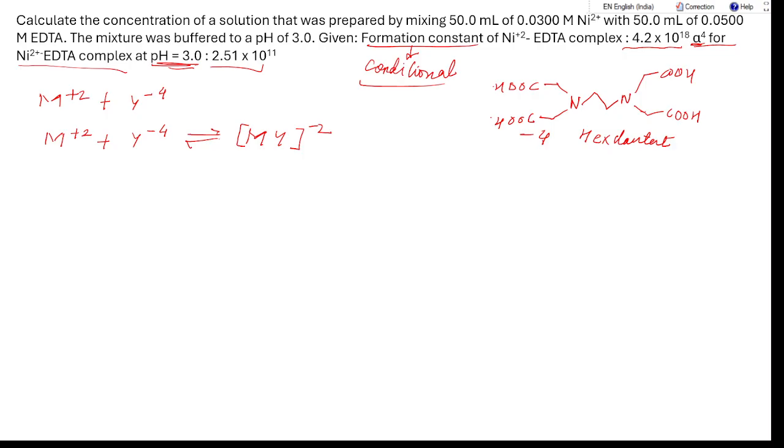In this case you will write the formation constant Kf. Kf is going to be [MY^-2] divided by [M^2+][Y^-4]. And for this, the normal formation constant is already given here, which is 4.2 × 10^18.